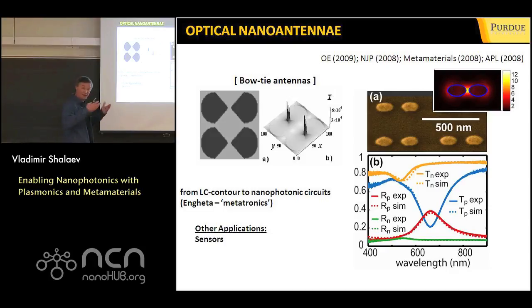This is simply the effect of resonance, when in the course of time you accumulate energy, and as a result you have here exceptionally high local fields, which would be great for many applications I just mentioned, ranging from sensing, data recording, high nonlinearity, switching, and all other related things.